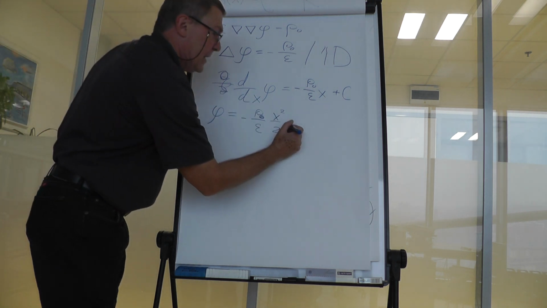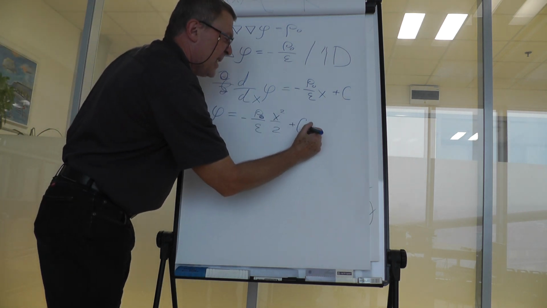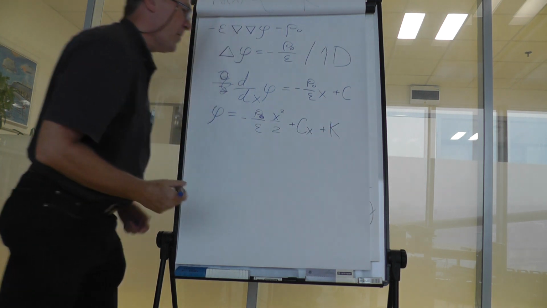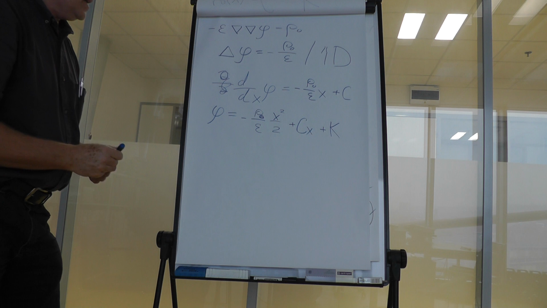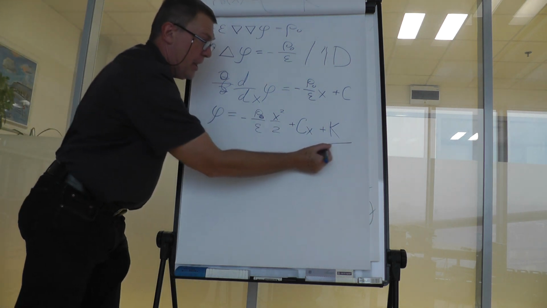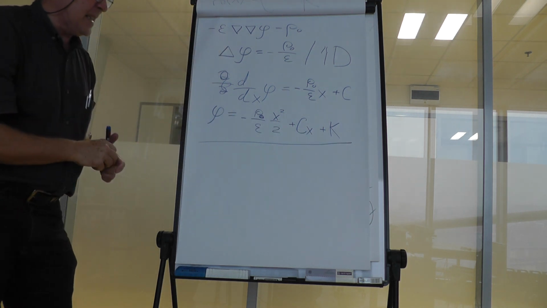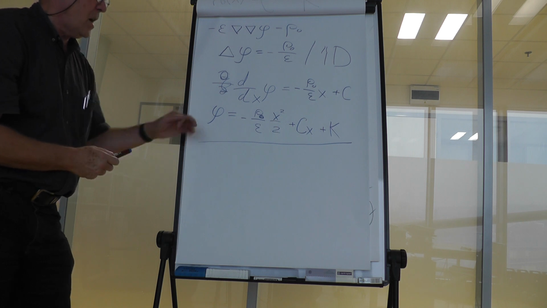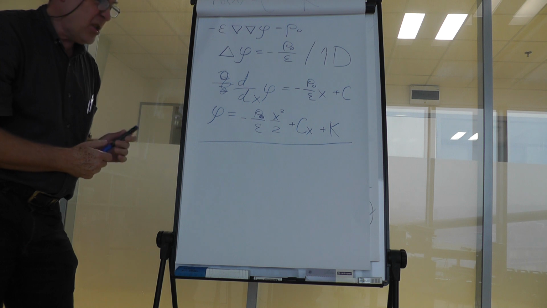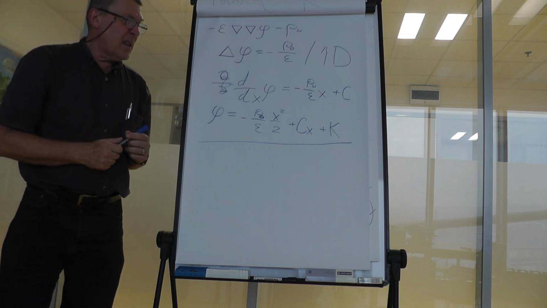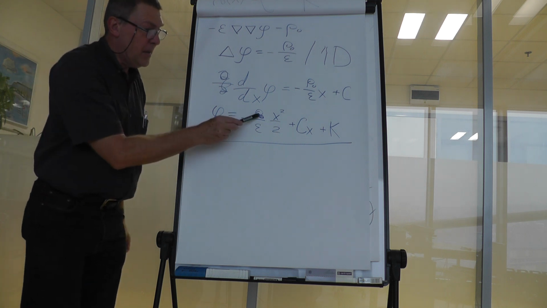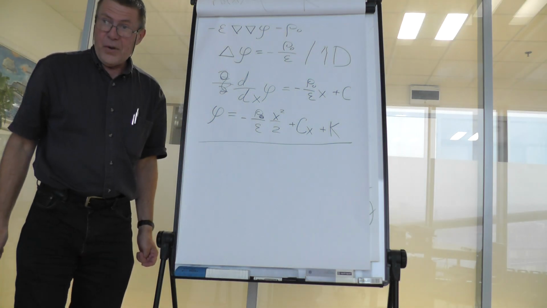Well, plus we get cx plus we get the constant k. So now we have a function that for 1D cases covers all possible distributions of potential in a 1D case in the presence of the free charge.